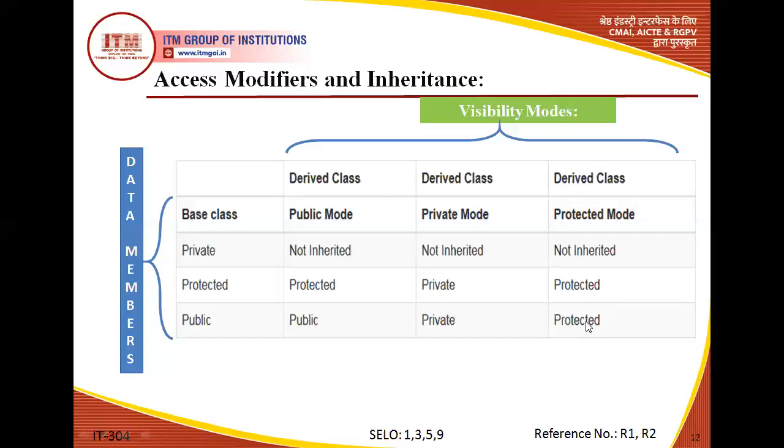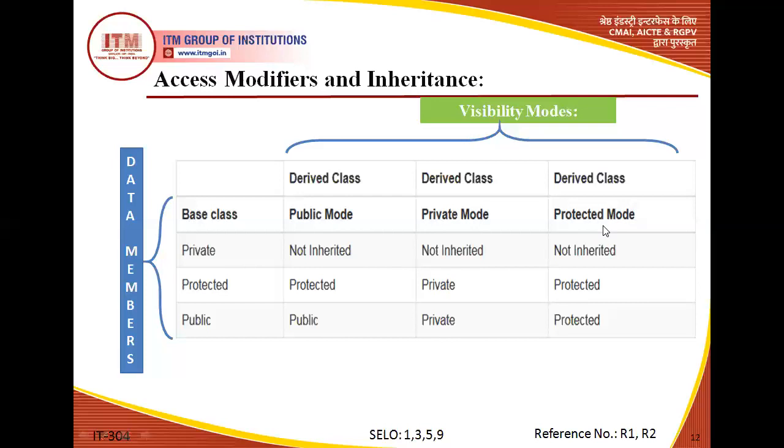Once again I am repeating this concept: if you are inheriting your parent class publicly, then the private data members will not be inherited, the protected data members will remain protected, and the public data members will remain public. If you are inheriting your parent class privately, then private data members are not inherited, and protected and public both become private.